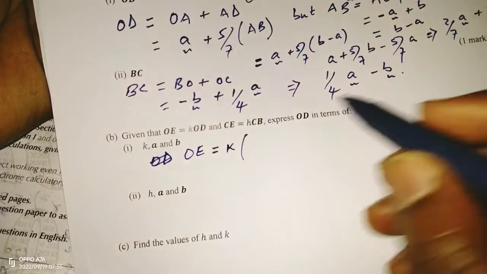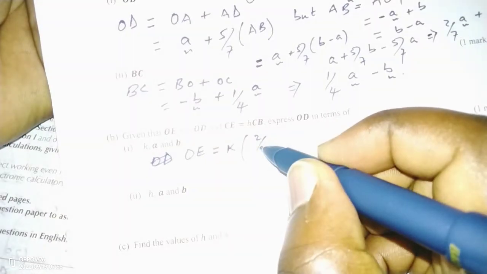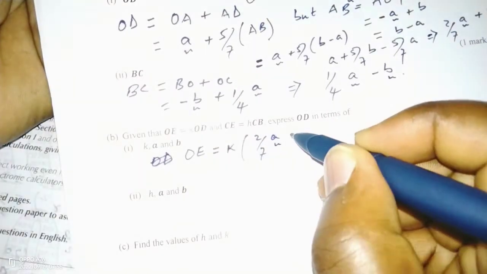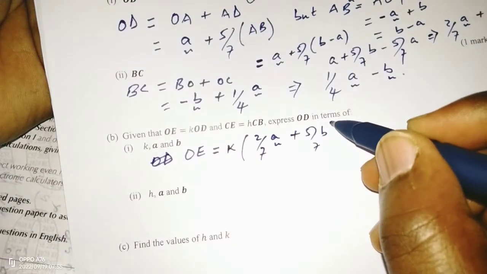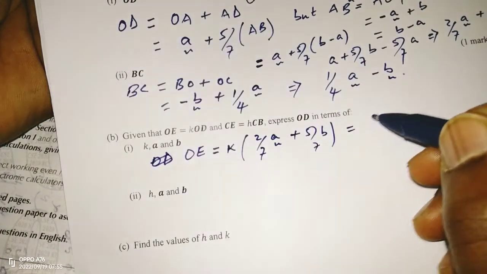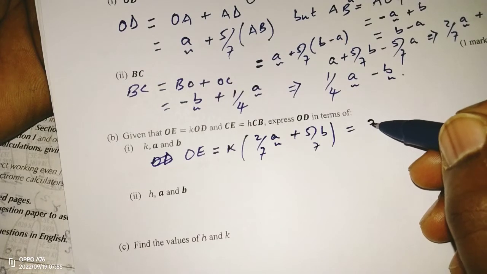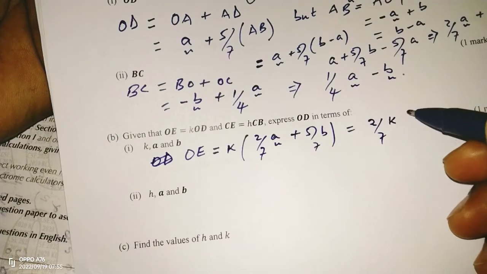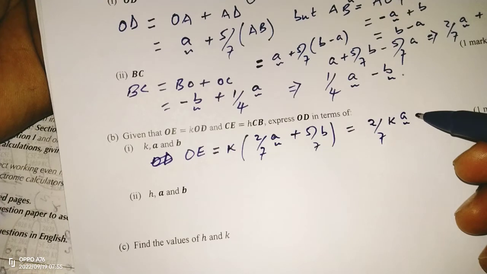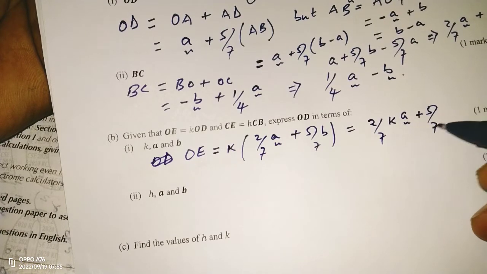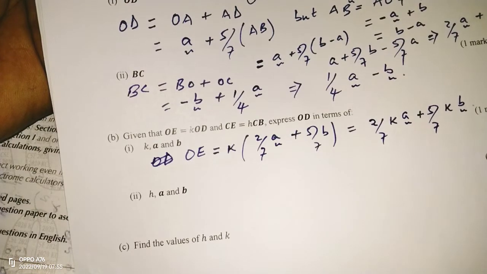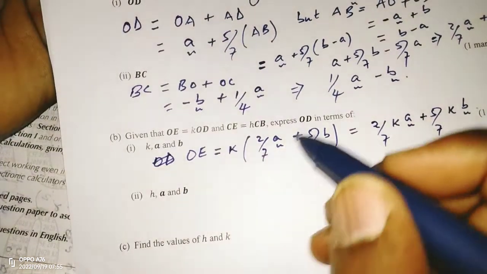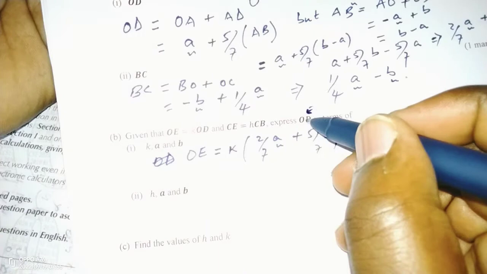OD is 2 out of 7 A plus 5 out of 7 vector B, which means this is 2 out of 7 K vector A plus 5 out of 7 K vector B. That is one expression of OE.